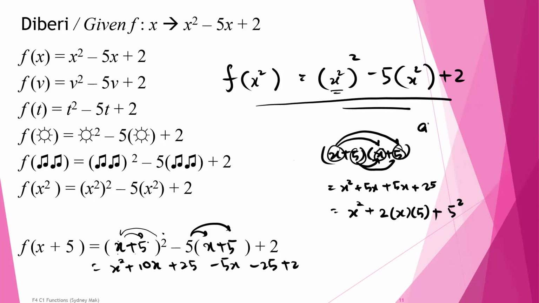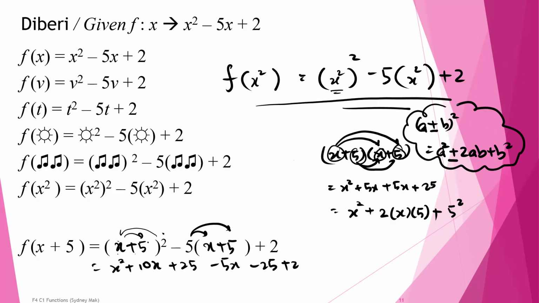Yeah, the formula a plus b squared, it is always a squared plus 2ab plus b squared. If it is minus, then it will be a squared minus 2ab plus b squared. Use this formula to expand.